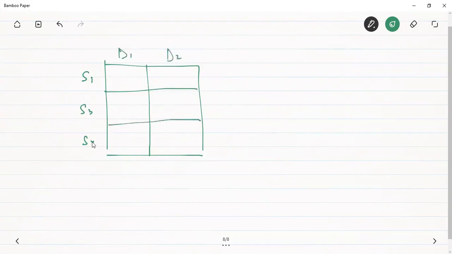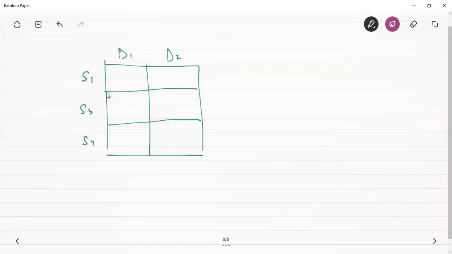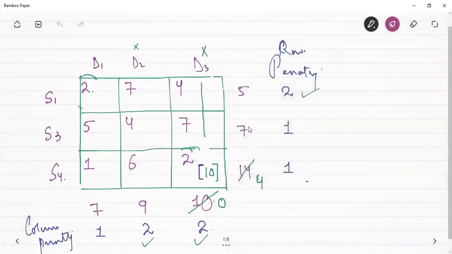Okay, come on, tell me what was there here? 2, 7; 2, 7; 5, 4; 5, 4; 1, 6. The supply left here was 5, 7 and 4.